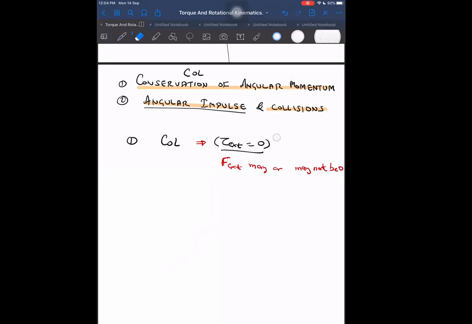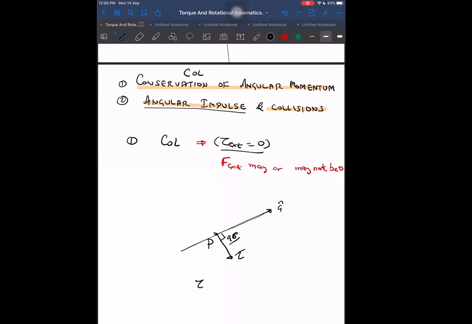In that direction, the torque will be 0. So if torque is 0 about an axis, net torque may not be 0. For example, this is a point here, and this is the axis, and torque is perpendicular to this axis. So what is the component of the torque about the axis? 0, sir. Then the component of torque about the axis will be 0.